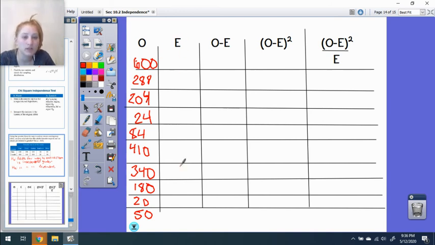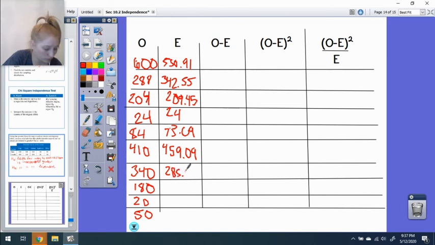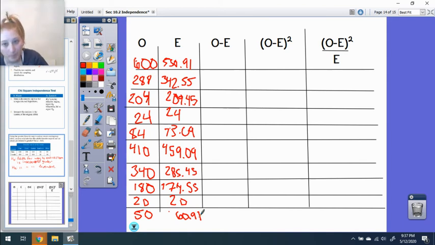Then this column is going to be the expected values that we found: 550.91, 342.55, 209.45, 24, 73.09, 459.09, 285.45, 174.55, 20, and 60.91. Okay, so now I want you to pause and fill in the rest of this chart.